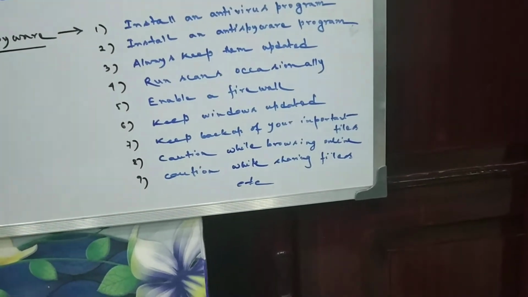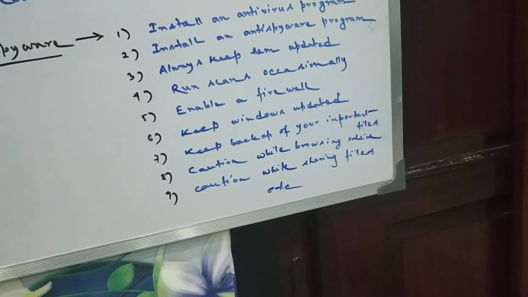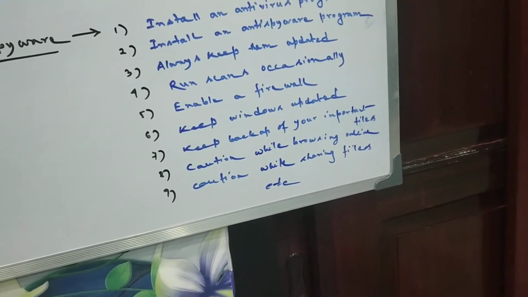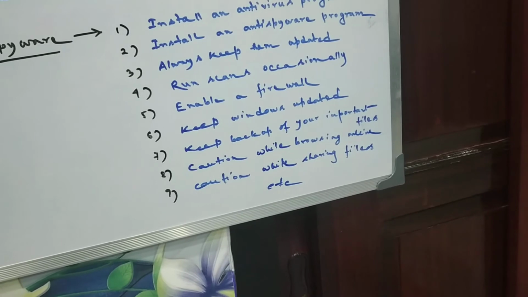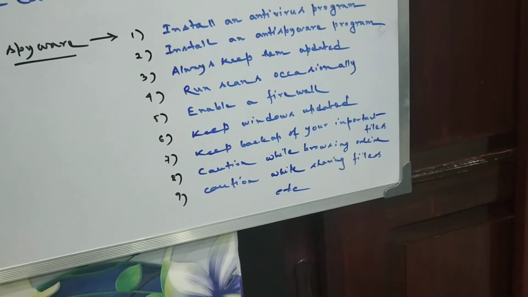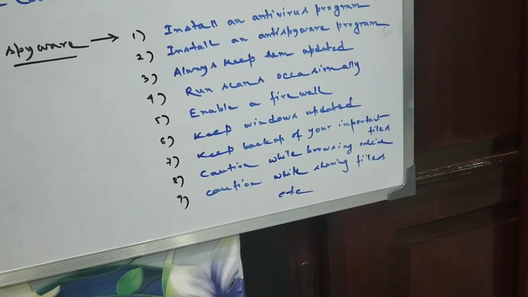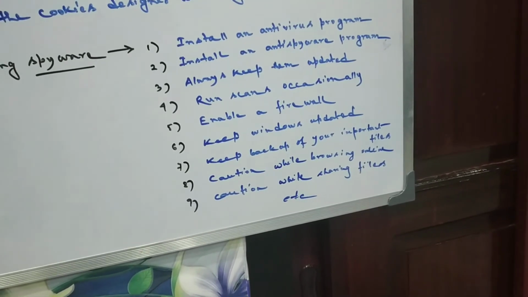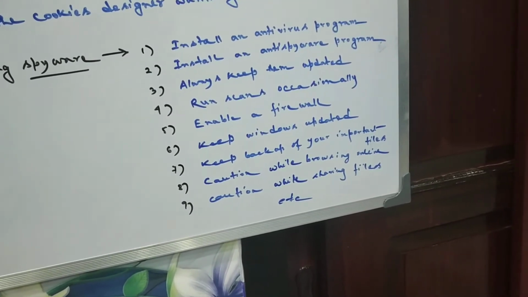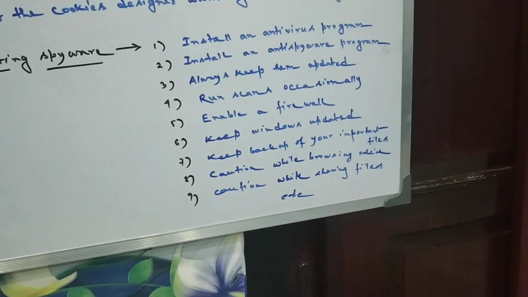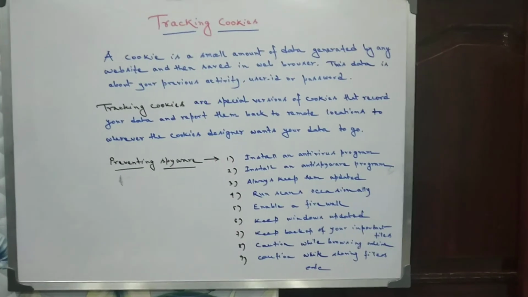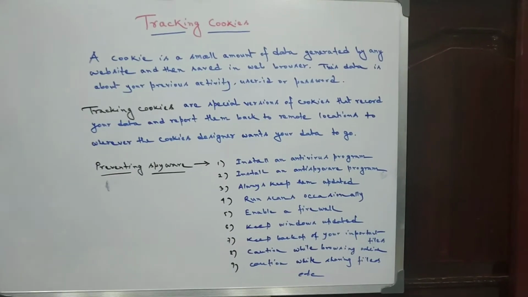You have to be very careful while you are browsing online, because some sites contain viruses or spyware. So you have to be very careful whenever you are browsing the internet. And you have to be very careful while you are sharing any files, because sharing files is a quick way to be infected.